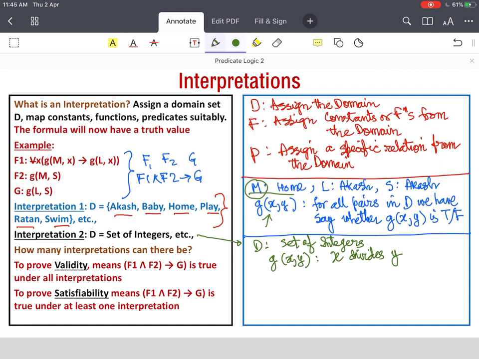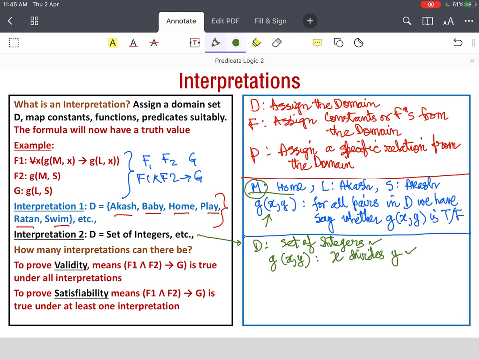Let us say we define these two. Then for every pair of x and y from this infinite set, we will get a truth value of whether x divides y or not. And we also have to decide what is division by 0, and we may have to define division by 0 as no. X divides y means whether x actually is a divisor of y.